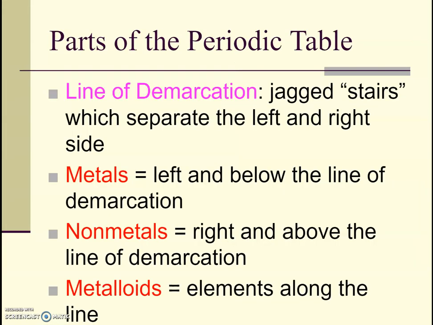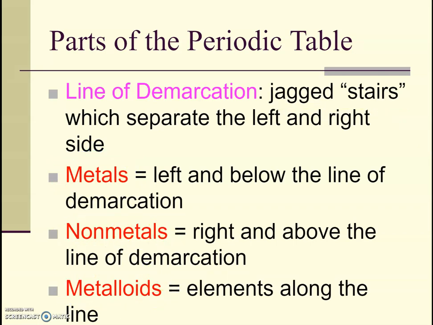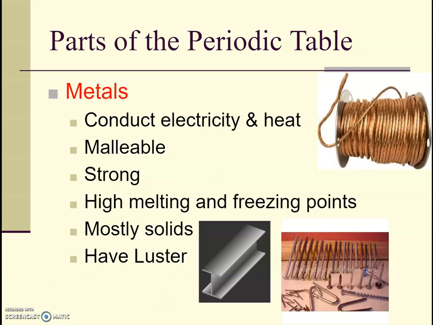All right, so like I said, we have that special jagged staircase, that line of demarcation that separates the left and the right. The metals are on the left, the non-metals are on the right, and the metalloids are along those lines. They have very distinctive properties. The metals are going to conduct electricity and heat, not like an orchestra conducts, but like actually be able to flow electrons from one end to another, from the negative anode to the positive cathode.